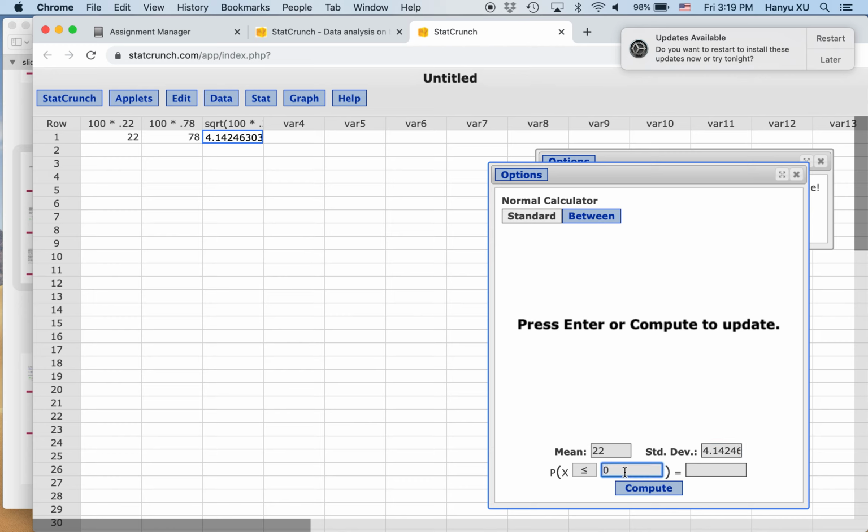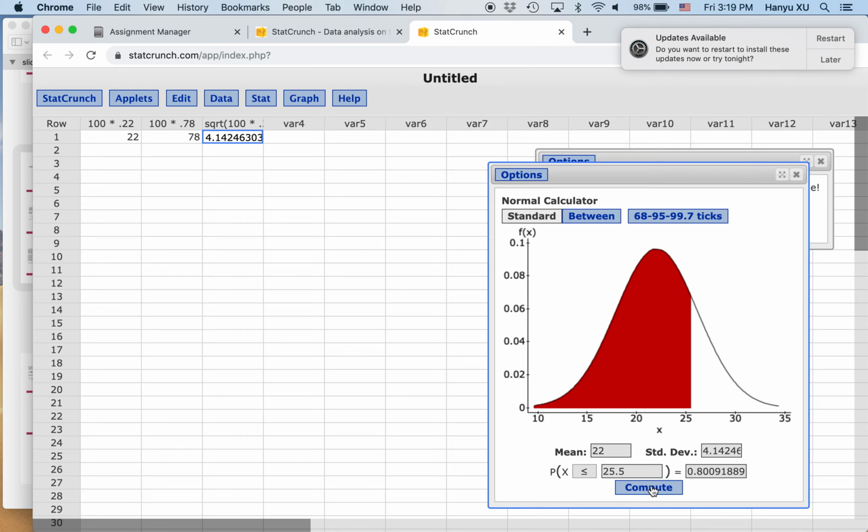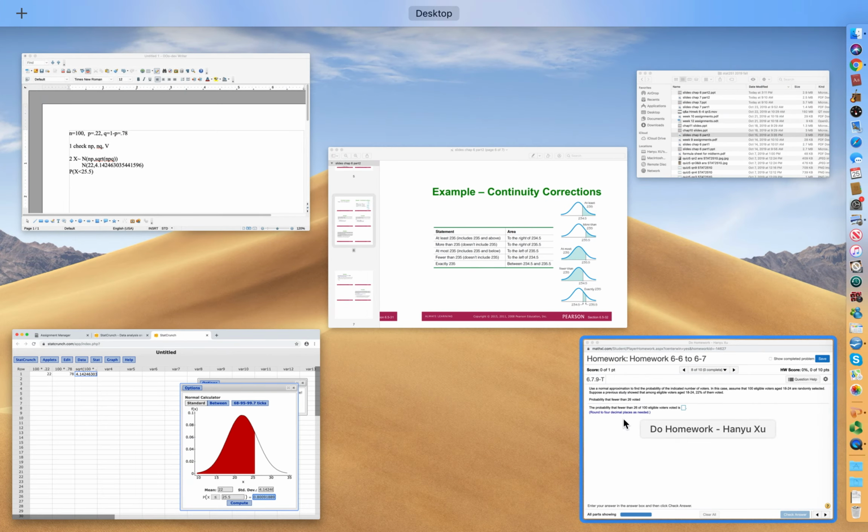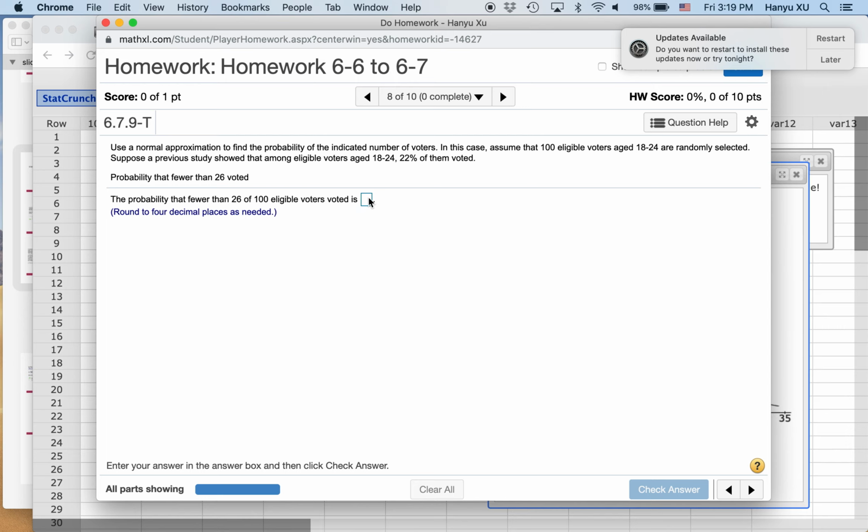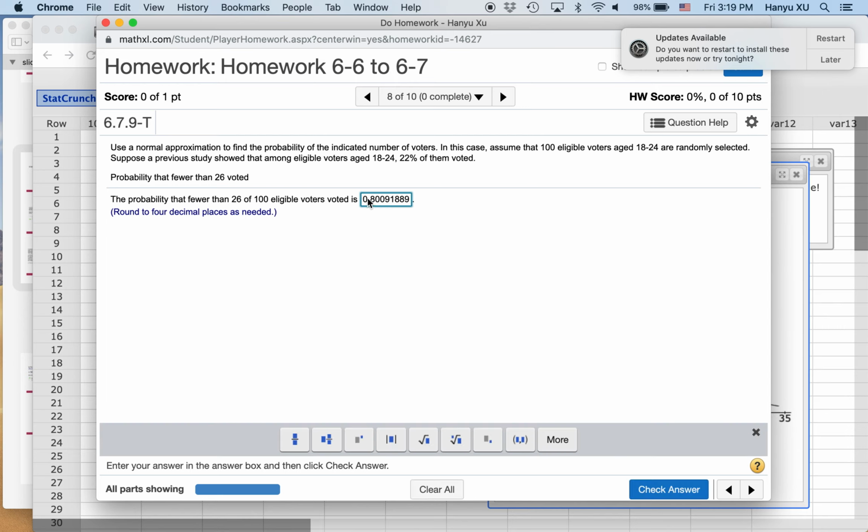And you want x to be less than or equal to 25.5. You compute, and you get this probability as your final answer. So if you look at that, you want to put it in and round to 4 decimal places.